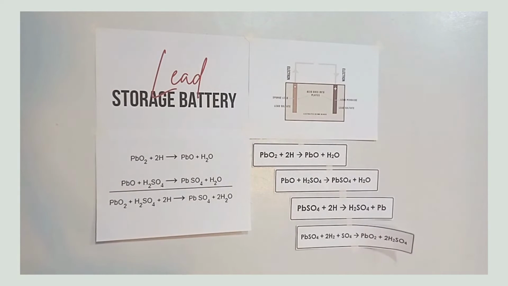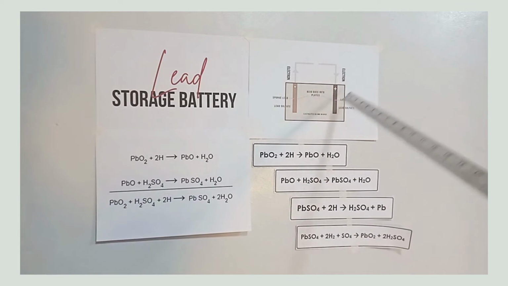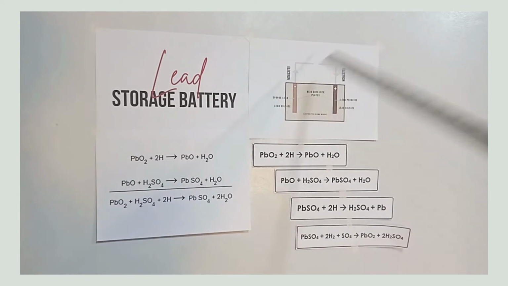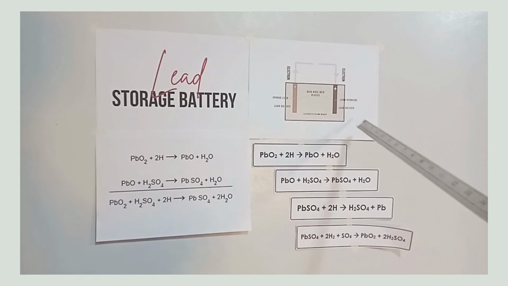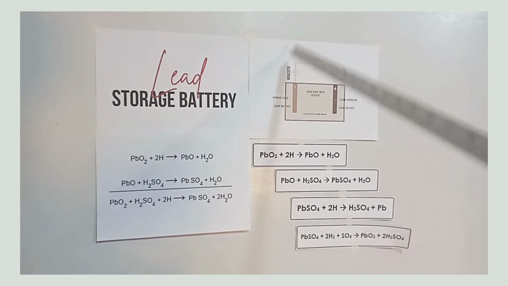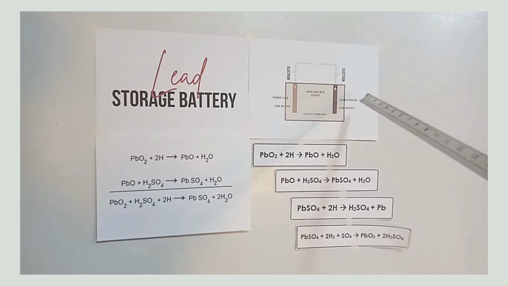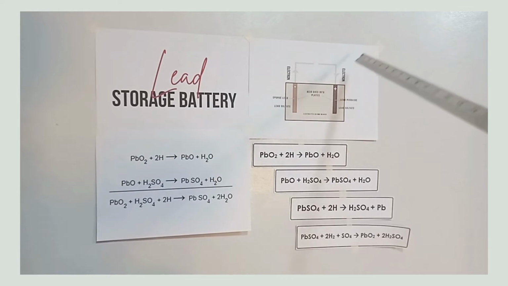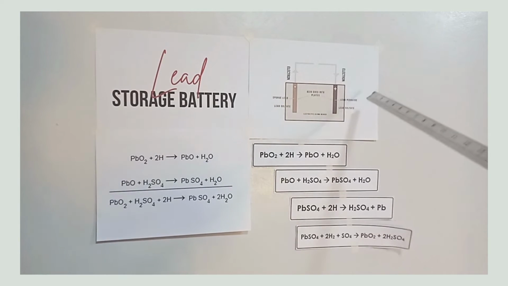Since the positive hydrogen ion takes an electron from the lead peroxide plate and the negative sulfate ion gives an electron to the pure lead plate, there would be an inequality of electrons between these two plates. Hence, there would be a flow of current through the conductor between the two plates to balance the inequality of electrons.